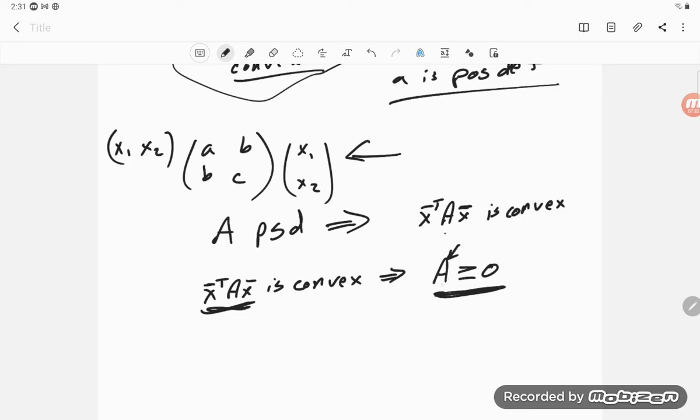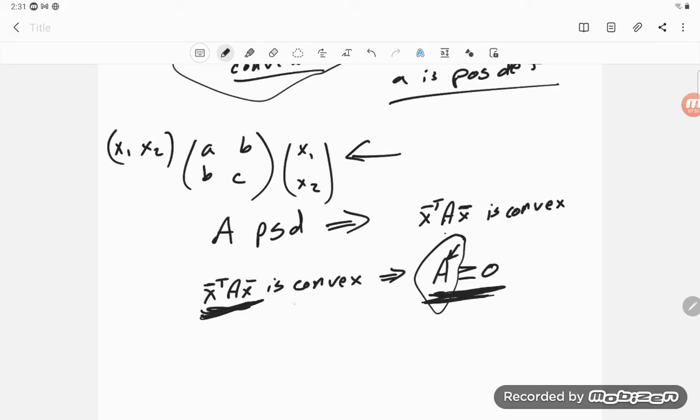But the reason you write it this way is that positive definite and positive semi-definite is a condition, a definition, a characteristic of the matrix A. It's not the characteristic of the multiplication.